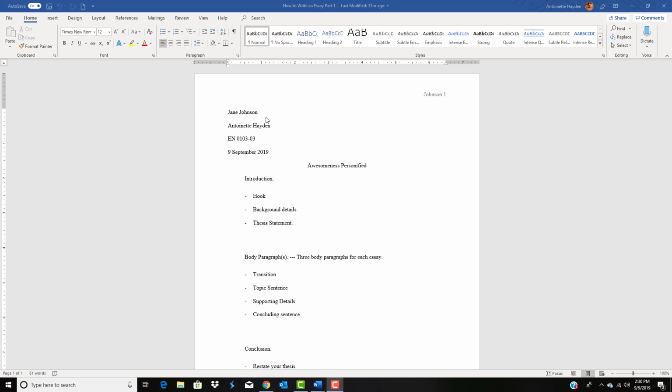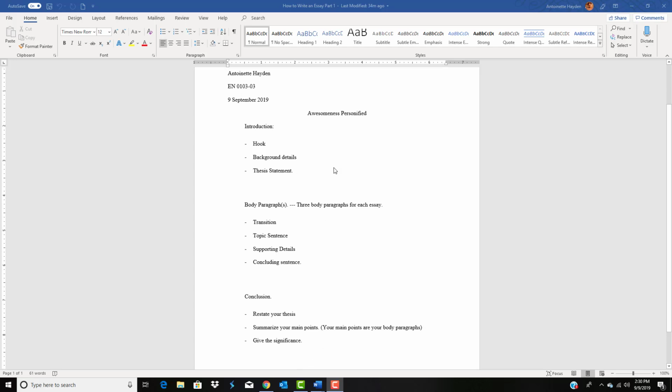So, for the essay, it's an expanded version of the paragraph. So, for the paragraph, we talked about it being a transition with your topic sentence, supporting details, and a concluding sentence.